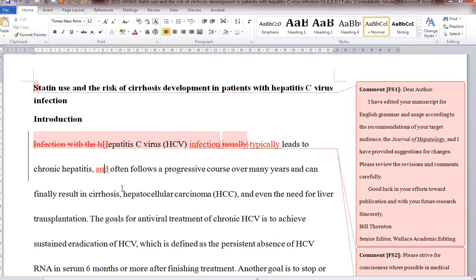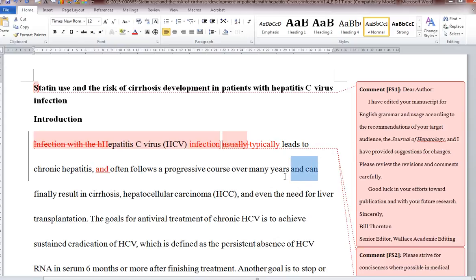omitting conjunctions can often lead to confusing wording, I should say, or ambiguous, and we don't want that. Sometimes it can be just downright inappropriate. Okay, often follows a progressive course over many years, and can finally result.